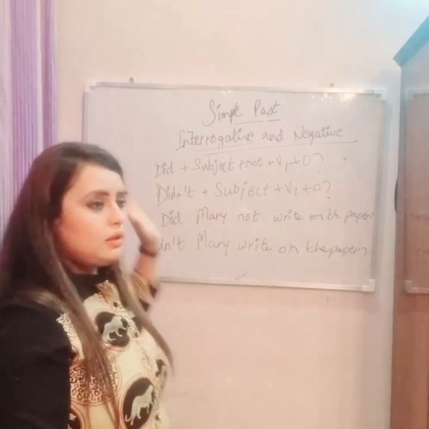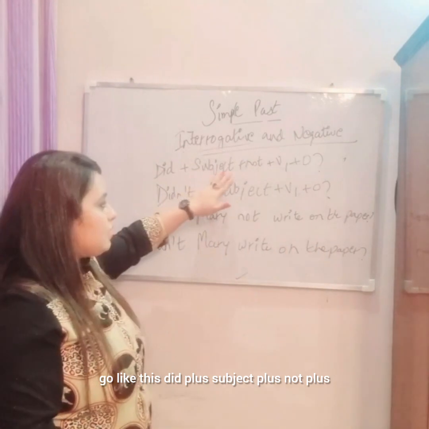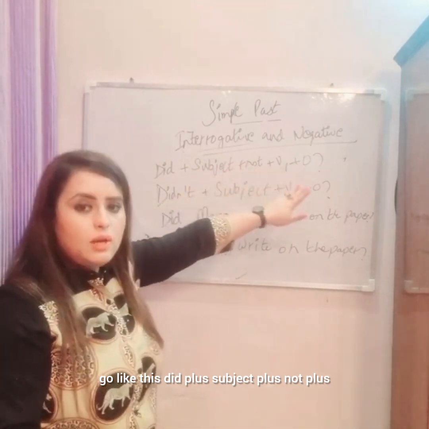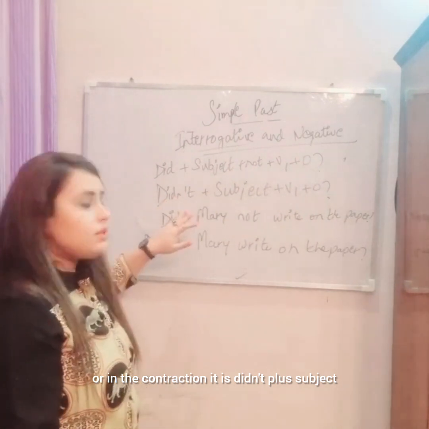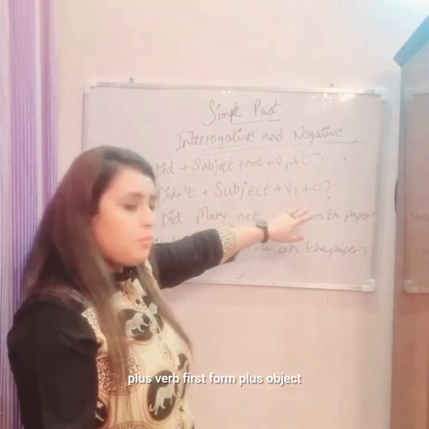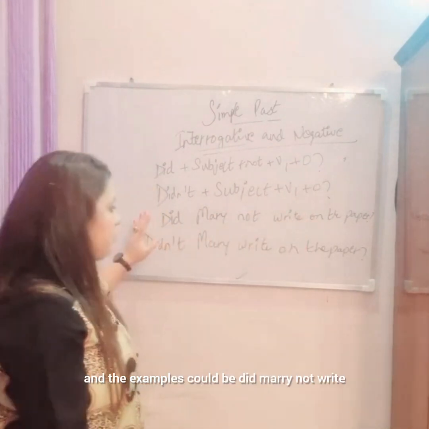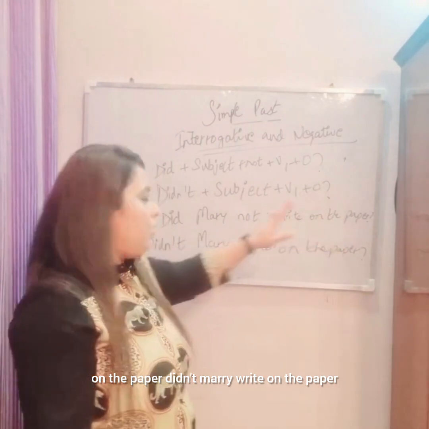Alright, so the interrogative and negative rule will go like this. Did plus subject plus not plus word first form plus object, or in the contraction it is didn't plus subject plus word first form plus object. And the examples could be did Mary not write on the paper?